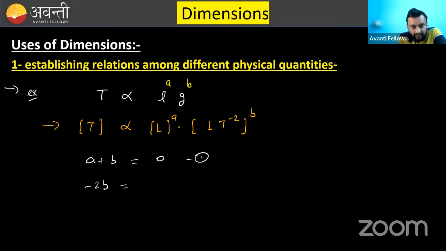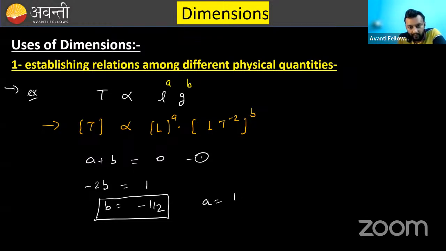In the LHS, T has a power 1. So B is equal to minus 1 by 2. That's what we get. If we get B, then you can easily calculate A. So A will be 1 by 2. I think you can see that.